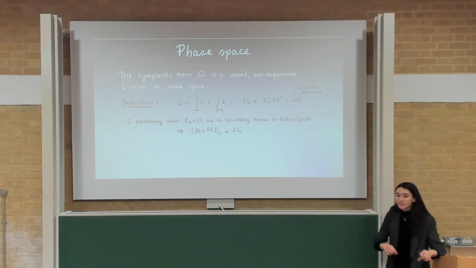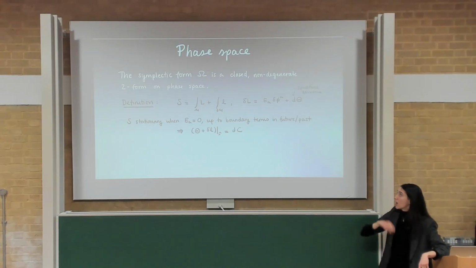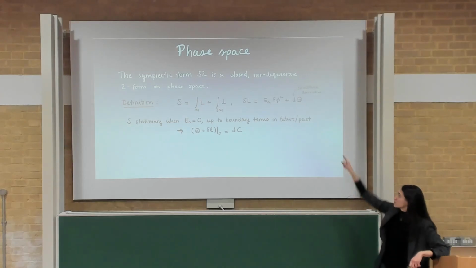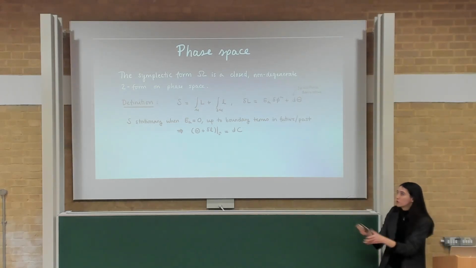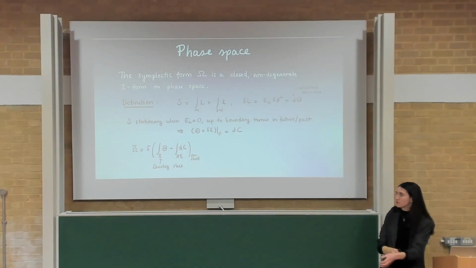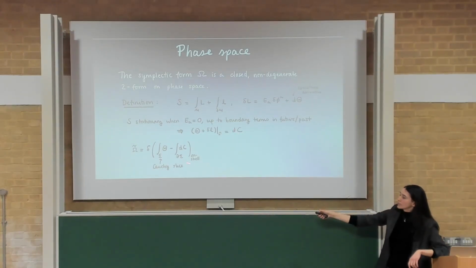More generally, the idea is that to get the equations of motion, the action is stationary when the equations of motion are satisfied, up to boundary terms in the future and the past. Those boundary terms, which are given by this theta, are exactly what we use now. Combining them with the boundary terms of the action gives us this other quantity c, and then we're using this theta and this c, so all these boundary terms, the future and past, to calculate the symplectic form.